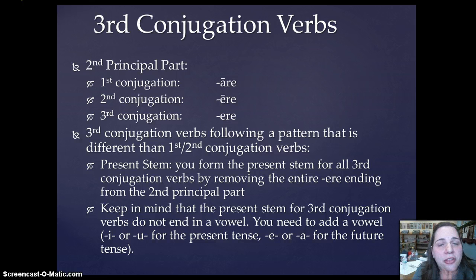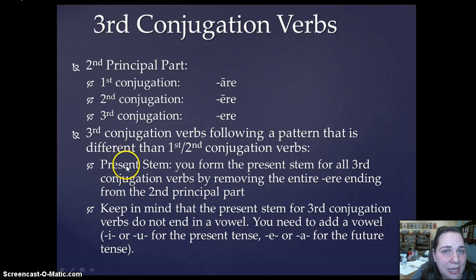Third conjugation verbs follow a pretty different pattern than first and second conjugation verbs. So you've got to now learn a new pattern. And I don't necessarily mean new endings, I just mean a new pattern on how to form third conjugation verbs. Here's the first difference you're going to see between the third and the first and second.